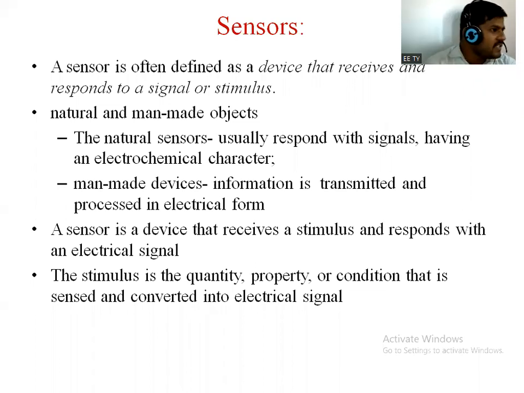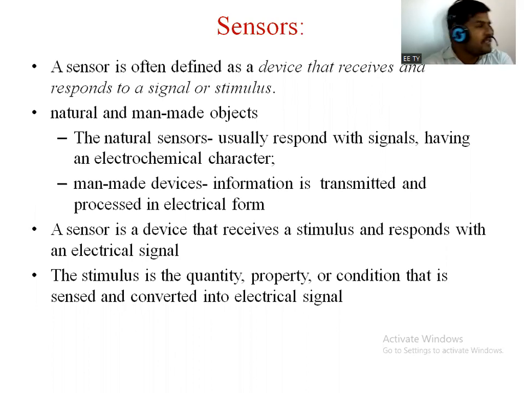Sensor input means, suppose there is a humidity measurement sensor. For a humidity measurement sensor, soil moisture content is one type of stimulus, right? Now if we are considering a temperature sensor, the temperature, or it may be a property of that material.